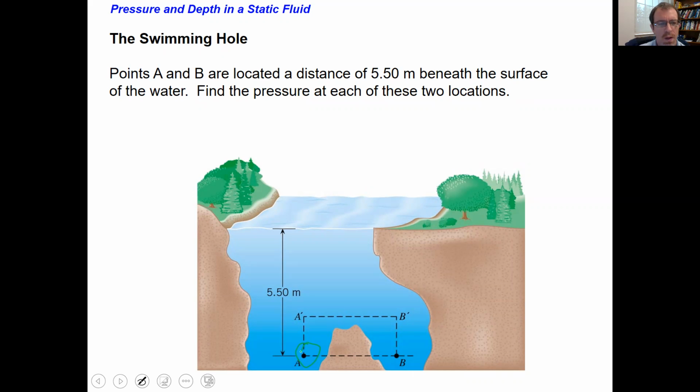So the pressure at bottom equals pressure at top plus rho GH. I guess the top would be the top surface of the water, the surface of the water. So what's the pressure right there? Well, that's just atmospheric pressure.